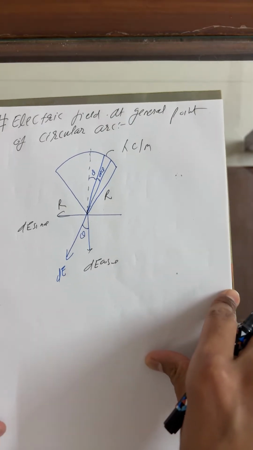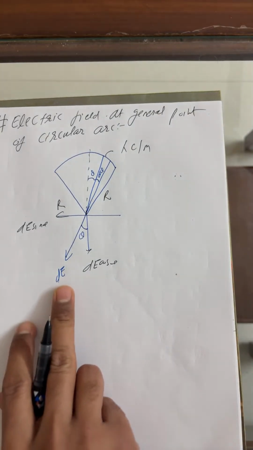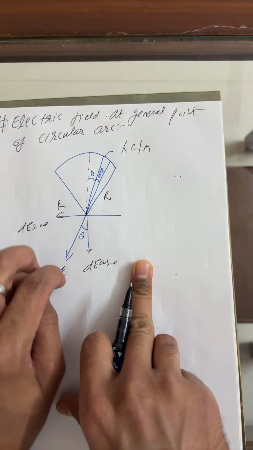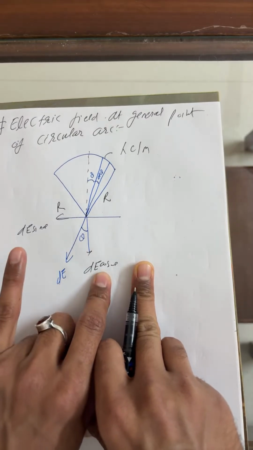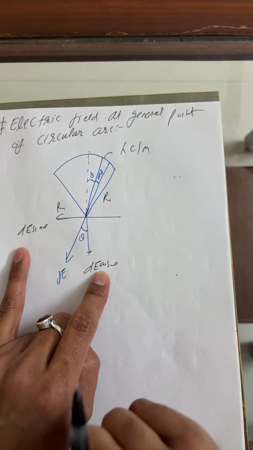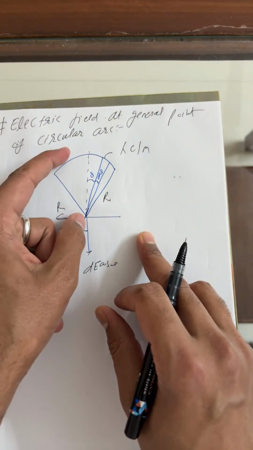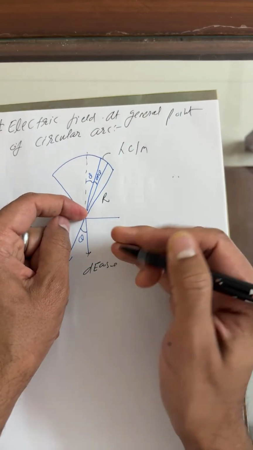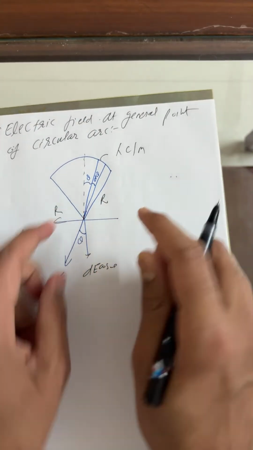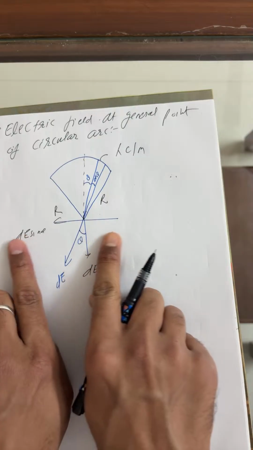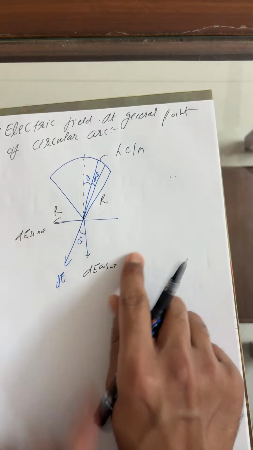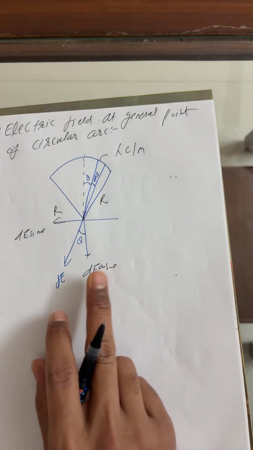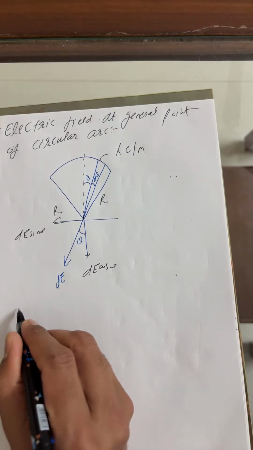Let us suppose you take an element on this side; the components are again dE cos theta and dE sin theta. Due to symmetry, the dE sin theta components cancel each other. So the net electric field is along dE cos theta.